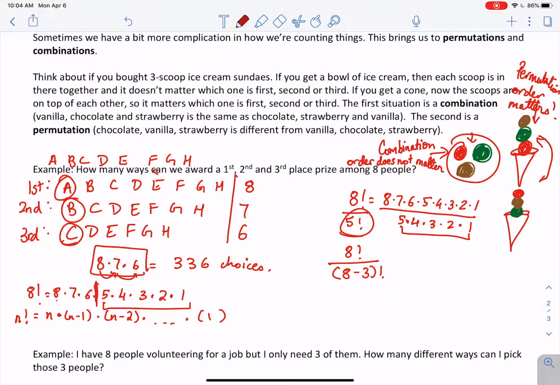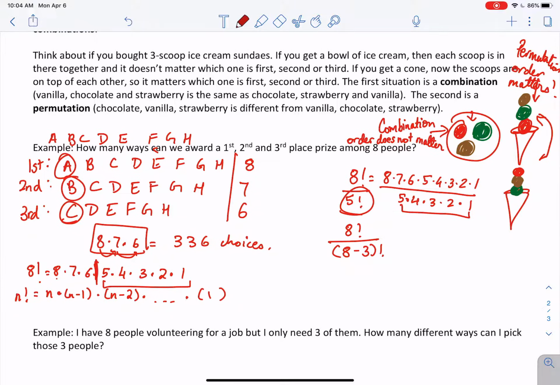And so that's the way we get a permutation formula going, is to say if we have, let's say, n items and r items to pick, when order matters, that's called a permutation, and usually you'll see it written as nPr.